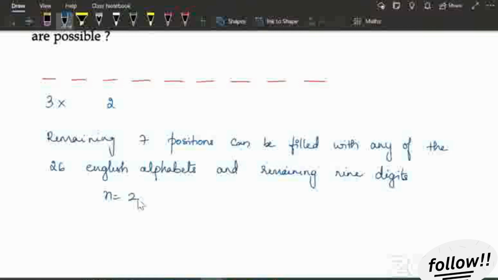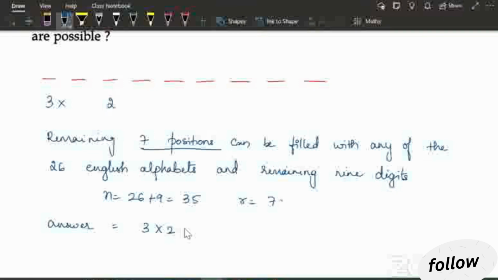So n is 26 plus 9, 35. r is 7 because I need to fill 7 positions, right? So the number of passwords that can be formed is 3, this is for the first position, into 2 ways for the third position, and the remaining 7 positions can be filled in 35P7 ways. Select any 7 out of the letters and the digits together, because there is no restriction.